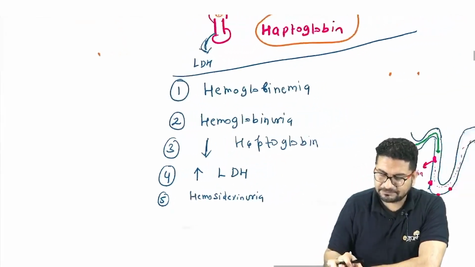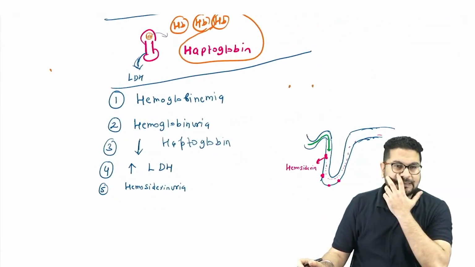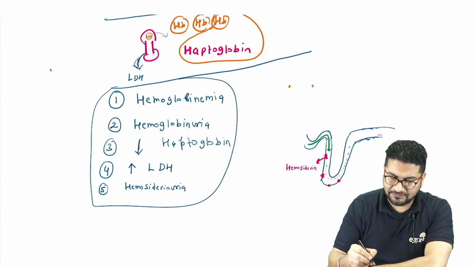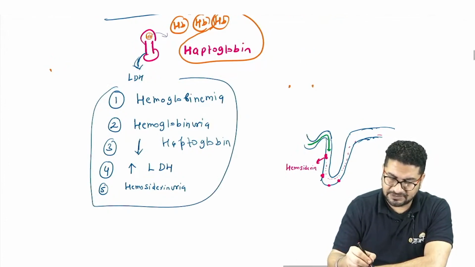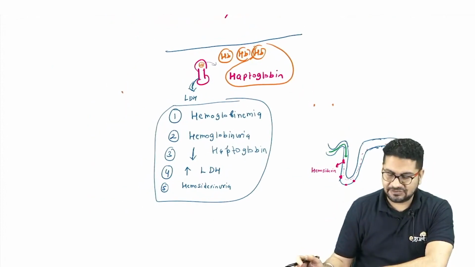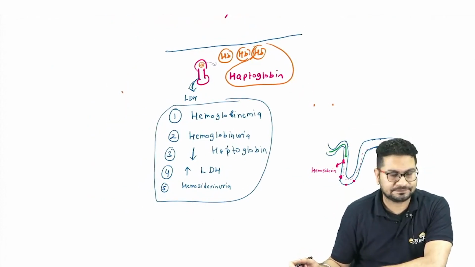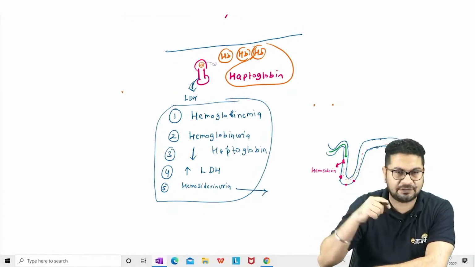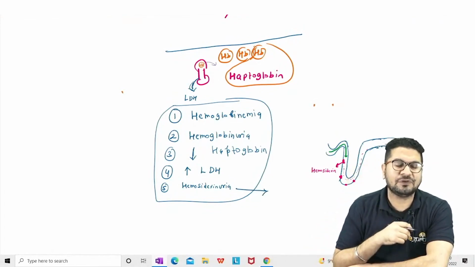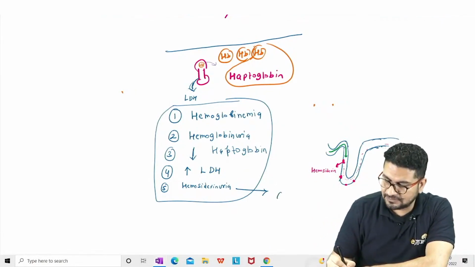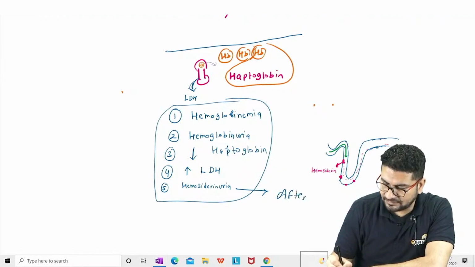So remember, in intravascular hemolytic anemia, you will see 5 features. What are these 5 features? You will see hemoglobinemia, hemoglobinuria, low haptoglobin, increased LDH, and hemosiderinuria. But remember, if you are having hemolysis today, hemosiderinuria will occur after 2 to 3 months.